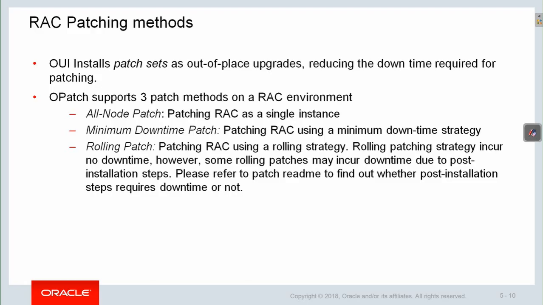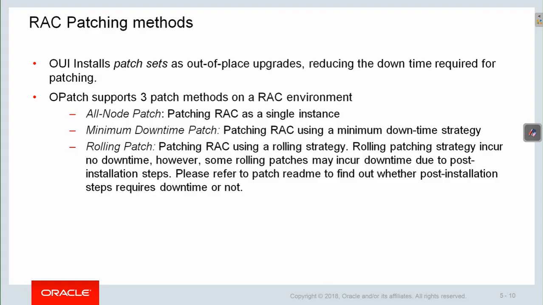Now, to be able to apply patches, we're going to use the opatch utility. And we have 3 possible options. All node patch. Okay? So we can patch RAC as a single instance, meaning that you shut down all database instances and you apply the patch across all servers.